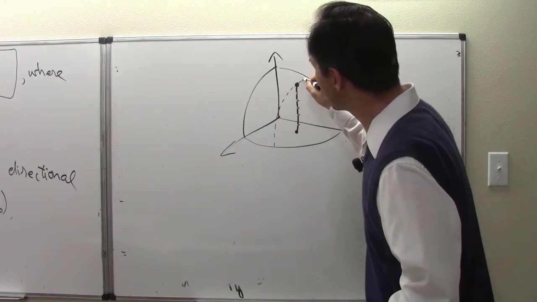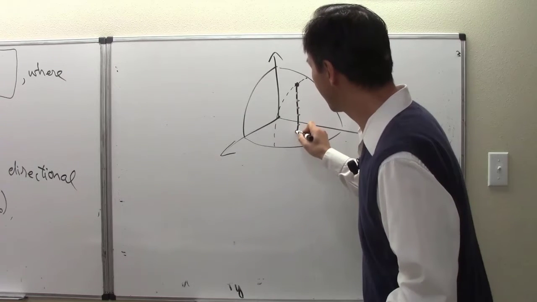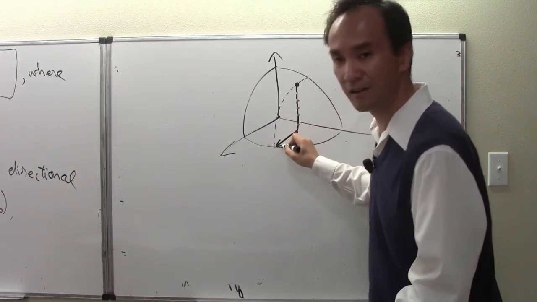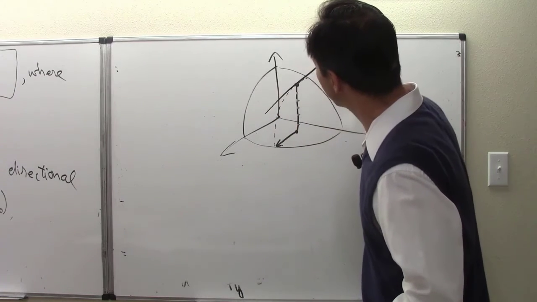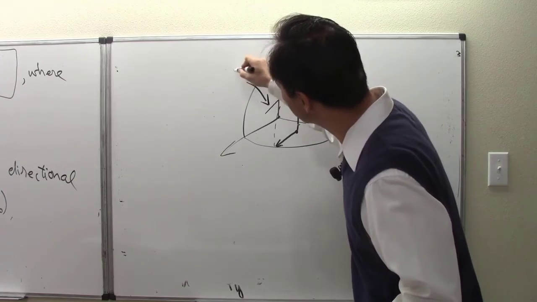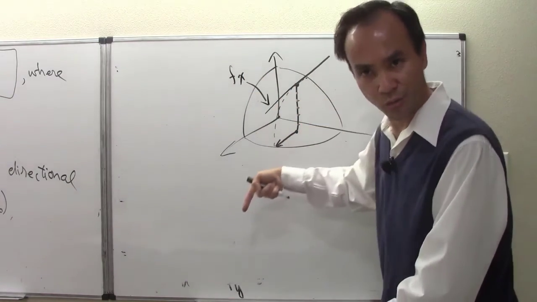this tracing curve along the x-axis, yes, there's a vector pointing along that way. The slope of the tangent line here is f sub x. But wait a minute, isn't that one direction as well?